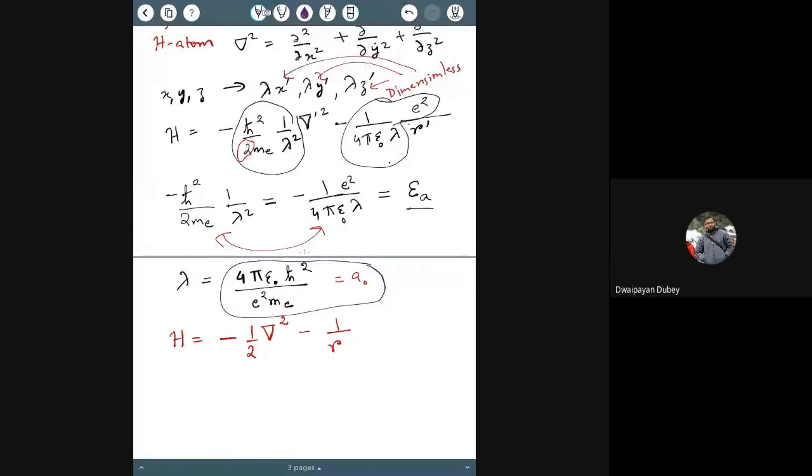As a byproduct of wanting our Hamiltonian to be dimensionless, we see that the conversion factor for lengths from SI to atomic units, AU, is the Bohr radius.